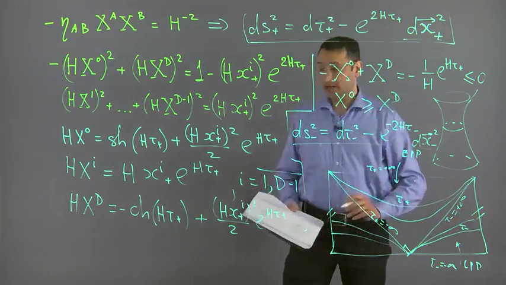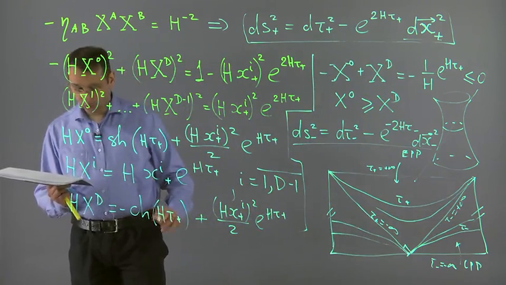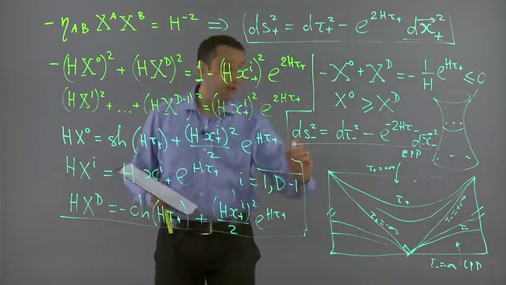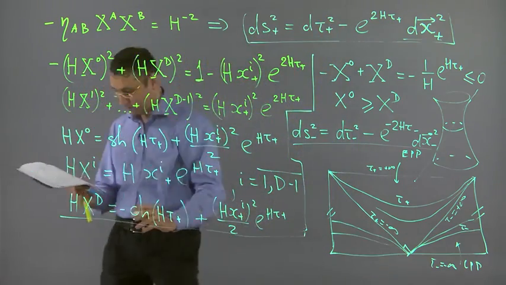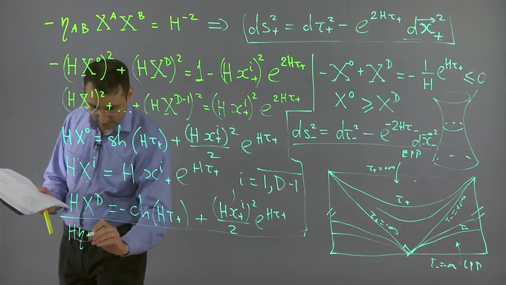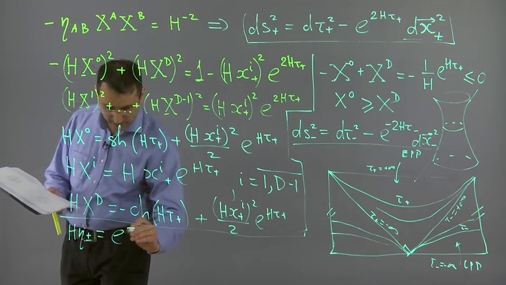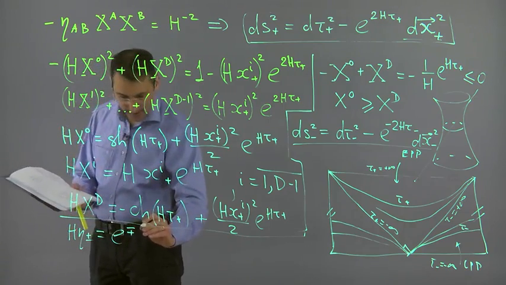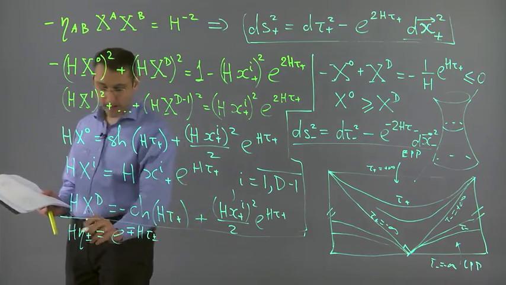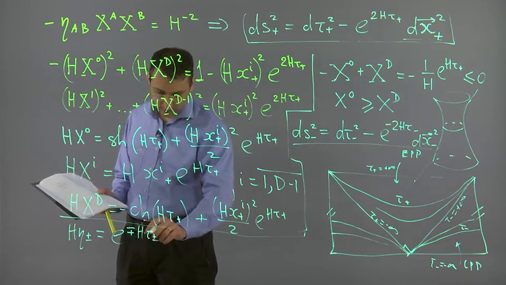It is convenient to introduce so-called conformal time here. So in this metric, and in this metric, we make the following change of coordinates, h eta plus minus equal to exponent of minus plus h tau plus minus. So for h eta plus, we have here minus exponent of h tau plus.